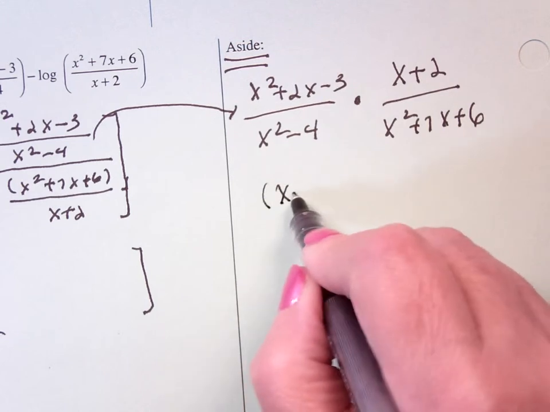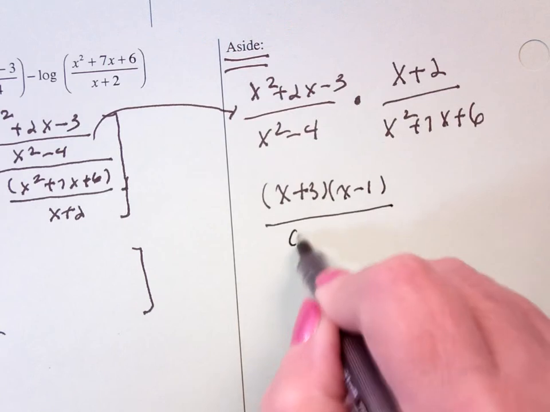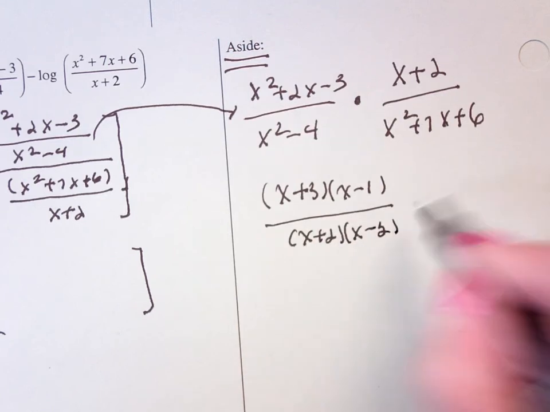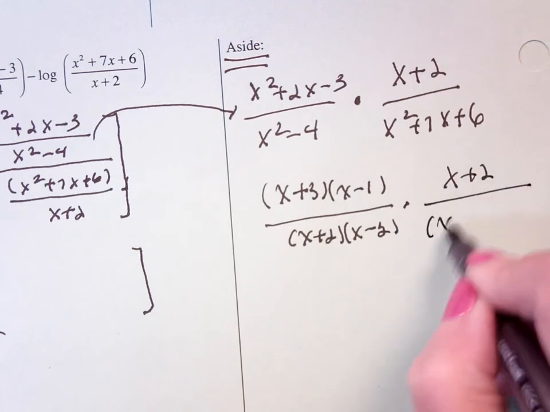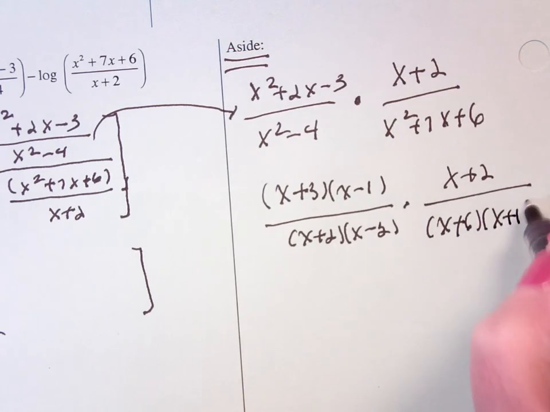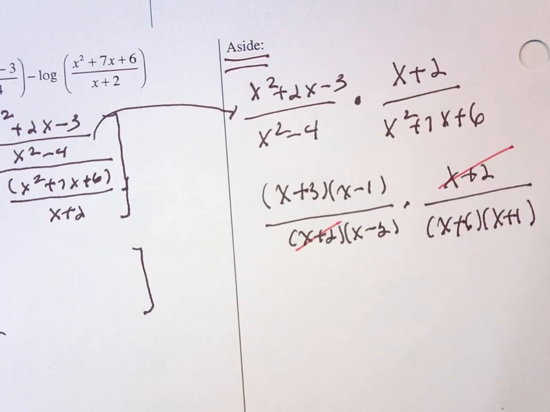This is x plus 3, x minus 1 over x plus 2, x minus 2, times x plus 2 over x plus 6, x plus 1. Reduce out, the x plus 2's are going to go.